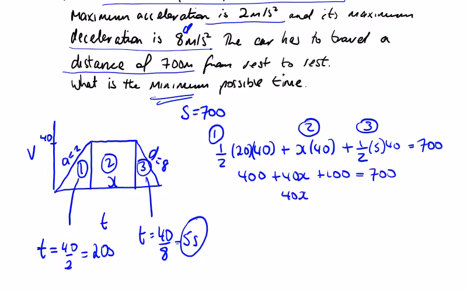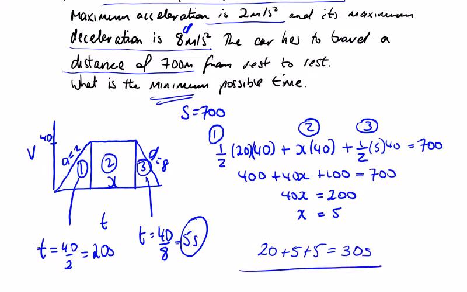So 40x is going to be equal to 700 take away 500, which is 200. So my time here is going to be 5. And adding them all together, I'm going to get 20 plus 5 plus 5, 30 seconds.